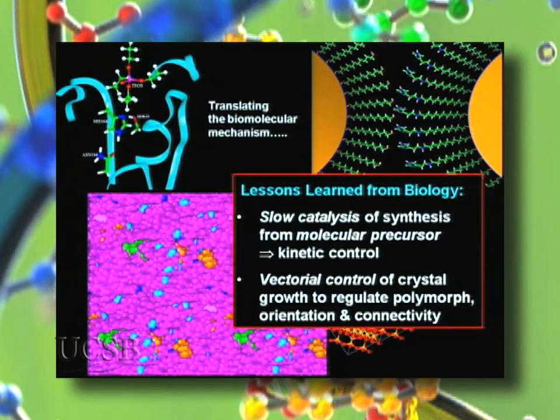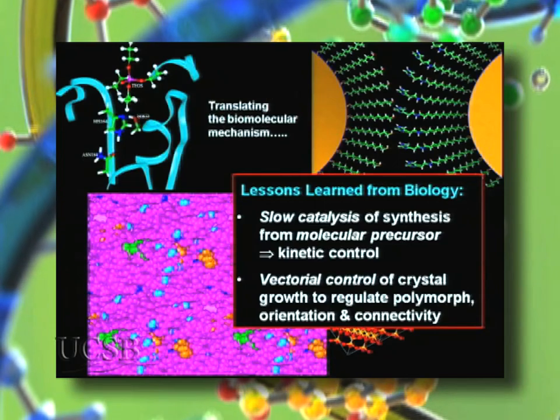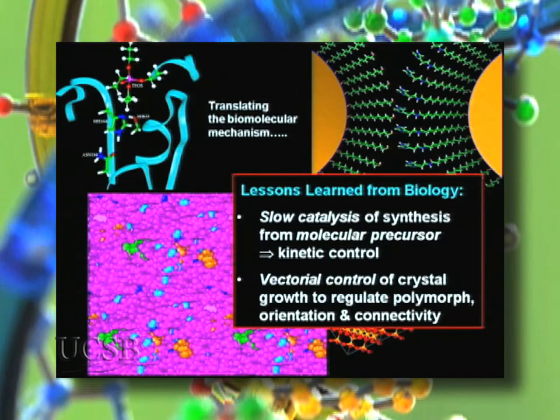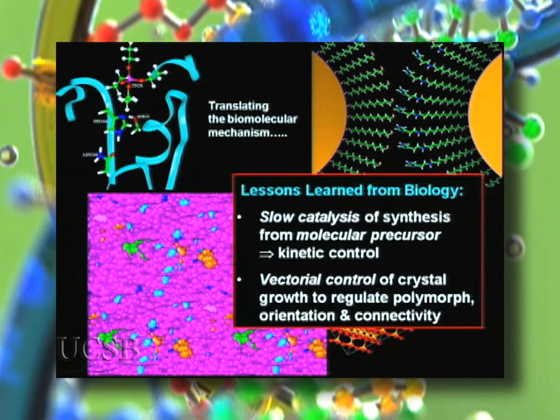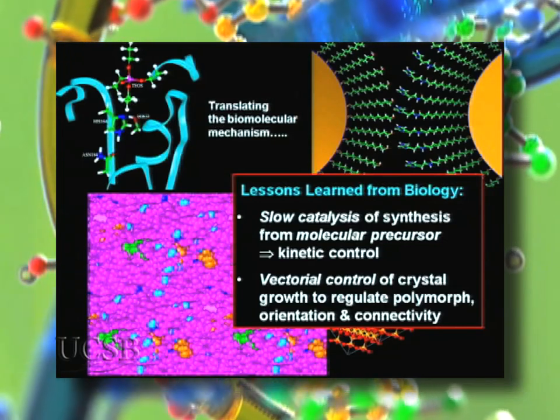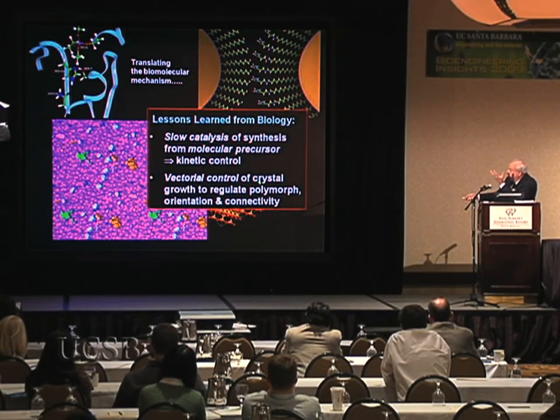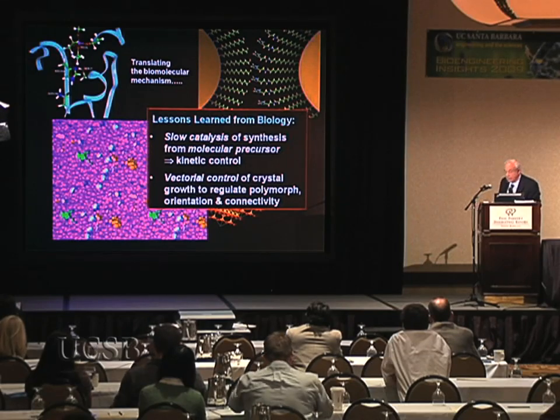That's important because this slow kinetic control bleeds in the reactants that are going to be the precursors for the final polycondensation and make the semiconductors slowly enough to defeat the thermodynamic default that you get in bulk precipitation or from high temperature methods, allowing the weak cooperative interactions of the nascent nanocrystallites with the underlying molecular template to determine the final emergent structure, determining vectorially the control of the emergent crystal structure, regulating the polymorph, that's the kind of atomic lattice, its orientation and connectivity.